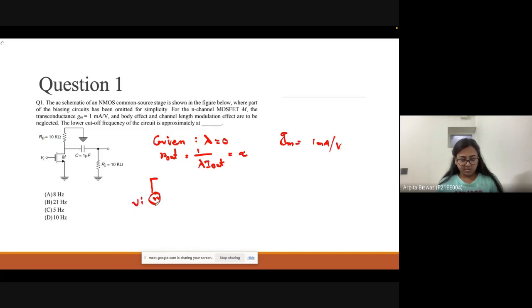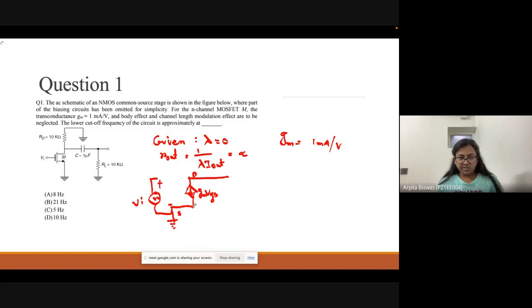Then it is connected with the source. Then here gm Vgs is given. This is the drain side.